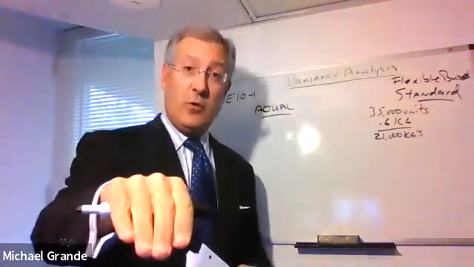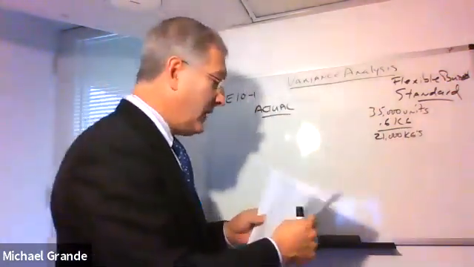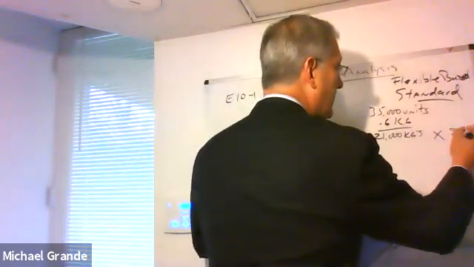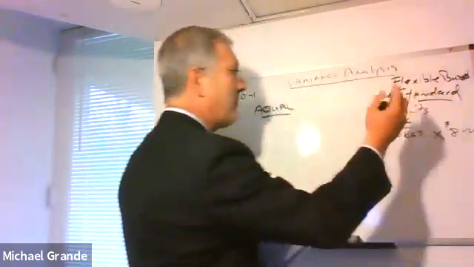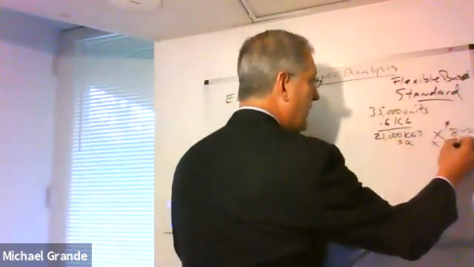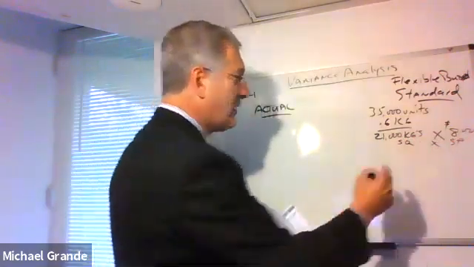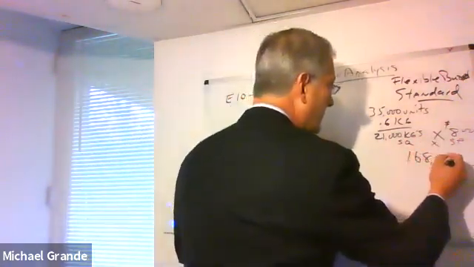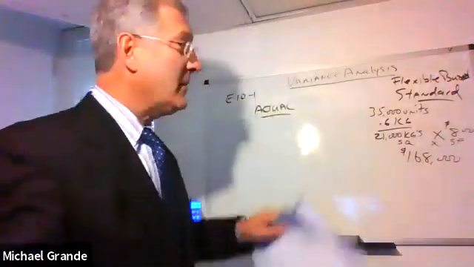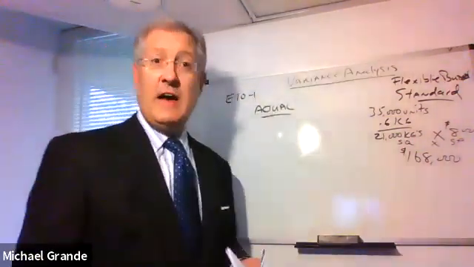That is the standard quantity. Now, what is the standard price? The standard price, SP, is $8. So remember, this over here is SQ times SP for a total of $168,000. That's what they should have spent to produce those 35,000 units.